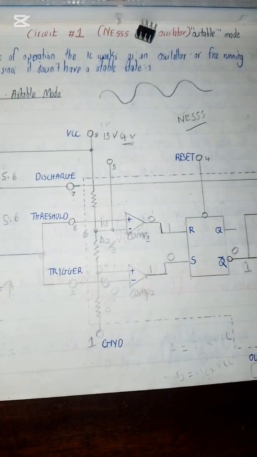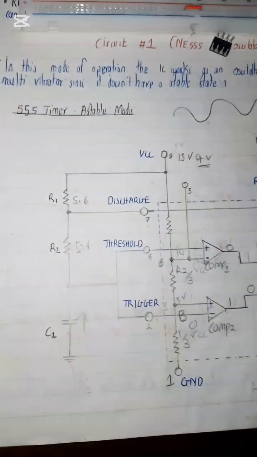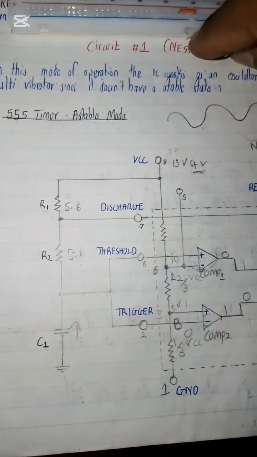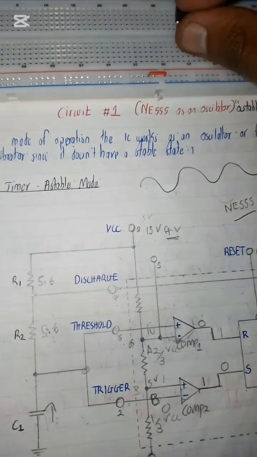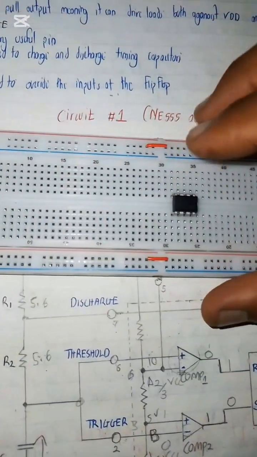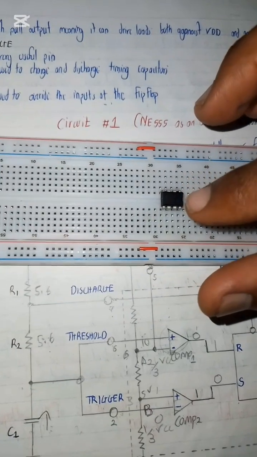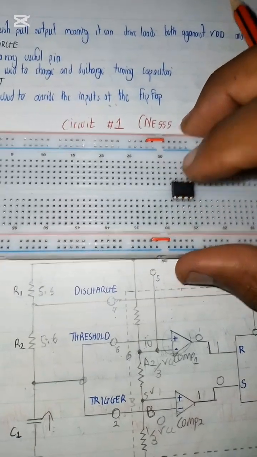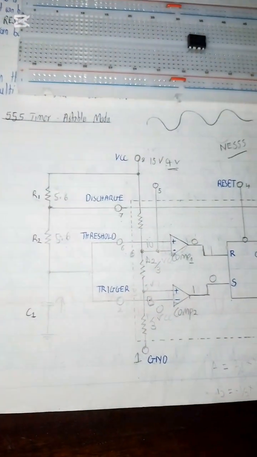So I hope you've understood how the circuit works for it to give you an astable mode signal. Next time when we connect it, you're going to understand how the internal workings of the NE555 work in order for it to give you the astable mode configuration.